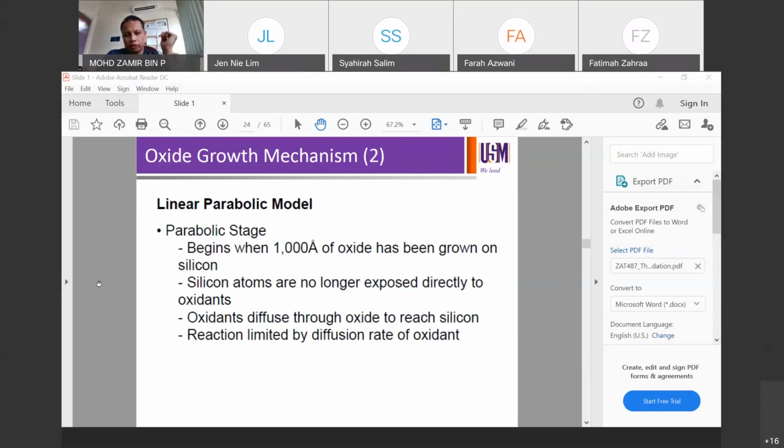Therefore, silicon is no longer exposed directly to the oxidant, and oxidants now need to diffuse through the oxide to reach the silicon. Now the reaction is limited by the diffusion rate of the oxidant through the SiO2 to be able to get to the silicon. So that makes the rate reduce and follow the parabolic model.